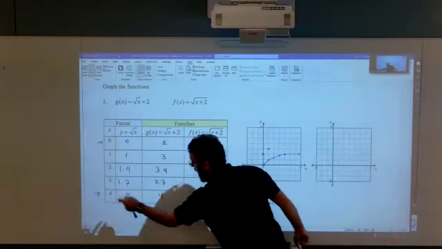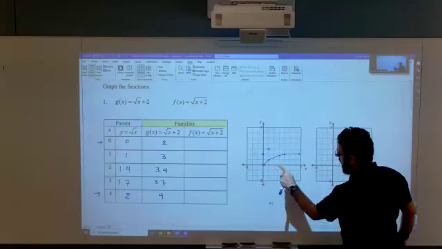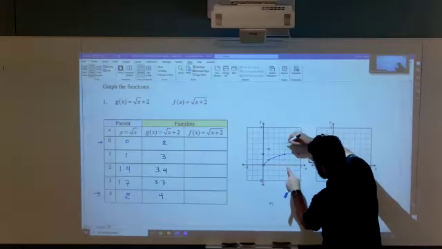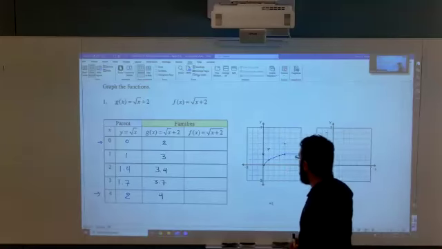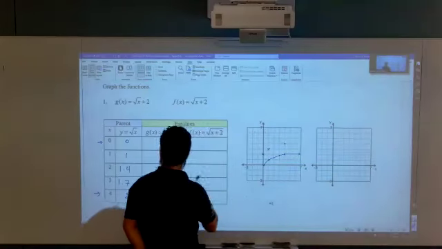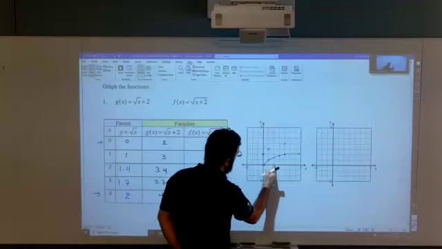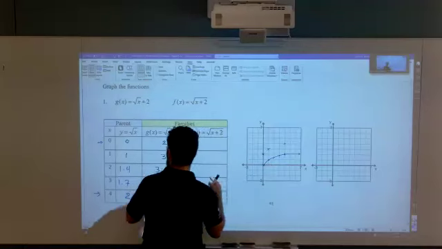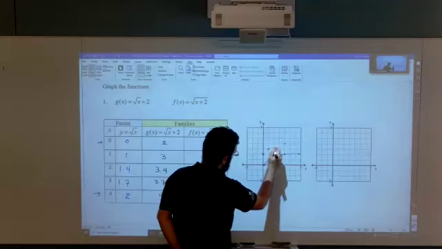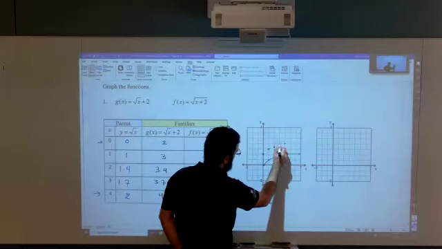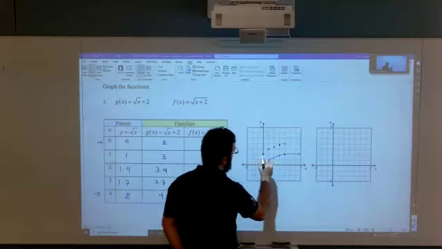That's this one. So 1, 2, 3, 4. And then other points, 2 with the 3.4, is going to be the new graph.